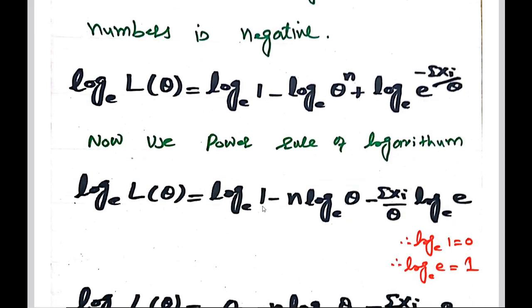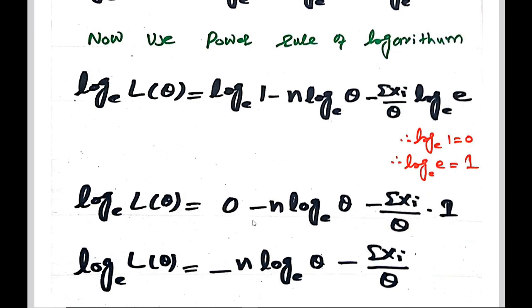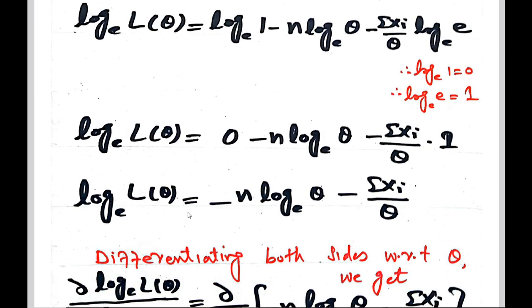So minus n log of theta, and here the power is minus the sum of xi over theta, multiplied with log of e. Log of 1 is equal to 0, log of e is equal to 1. So 0 minus n log of theta minus the sum of xi over theta.